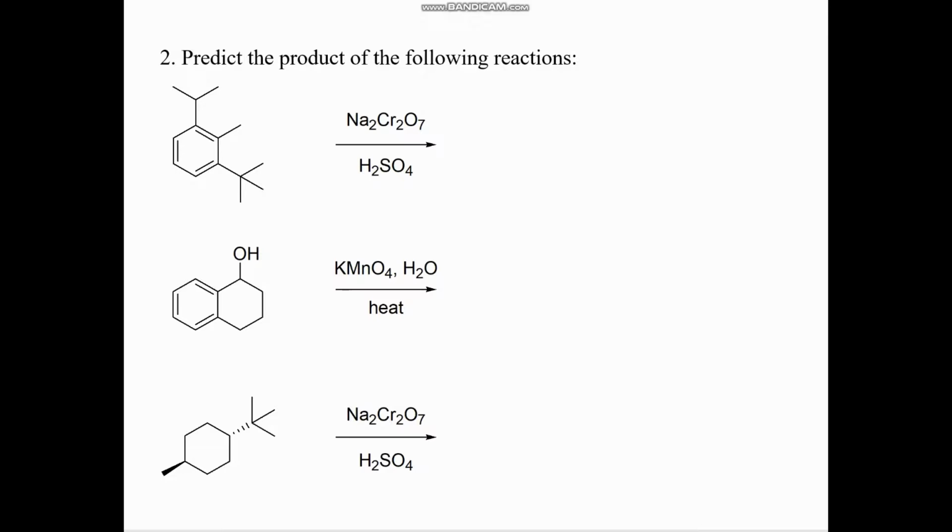Next, we have predicting the following products of the reactions. The first reaction, we see a benzene ring with an isopropyl, a methyl, and a tert-butyl, and we see that it is Jones reagent, and that will make an alkyl group on a benzene ring turn into a carboxylic acid as long as they have a proton that it can donate.